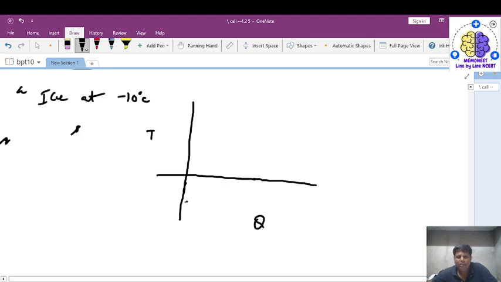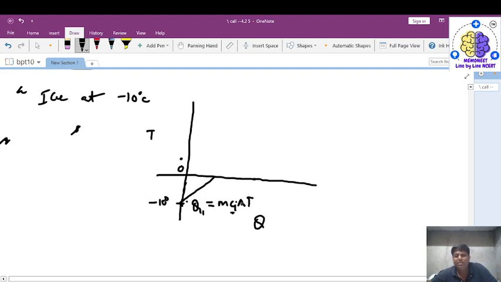Now, let's say the ice is at minus 10 degrees centigrade. When I supply heat, what will happen? The temperature of ice will change from minus 10 to 0 degrees centigrade, right? The amount of heat supplied here will be Q1, and this Q1 will be equal to MC delta T, where C is the specific heat capacity of ice, denoted as Ci.